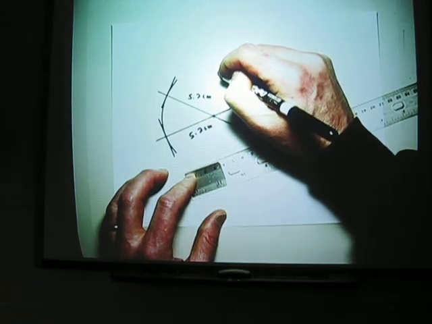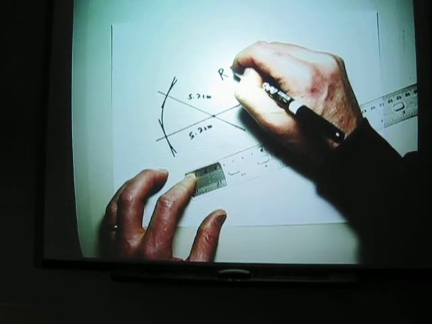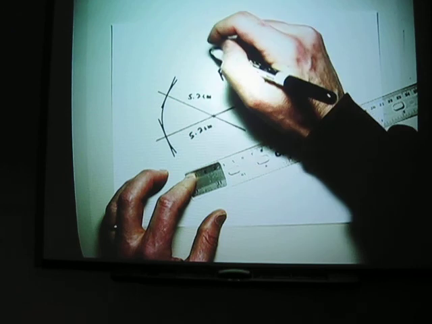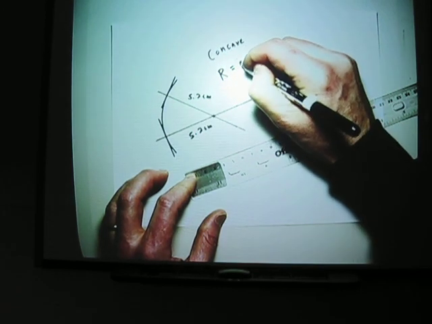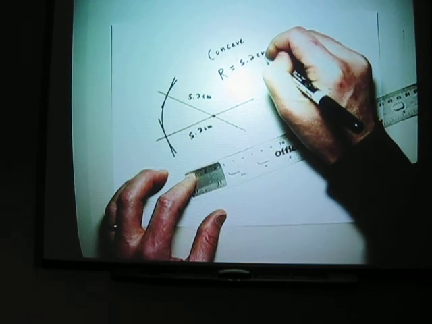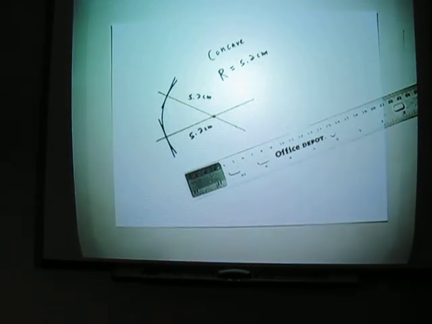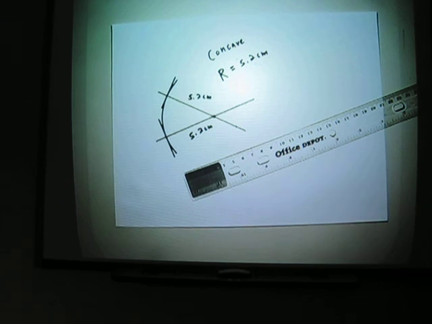So the radius of curvature, R, for the concave is 5.2 centimeters. And it turns out theoretically that the theoretical focal length is half the radius of curvature of the mirror. Okay, so, and again, that will allow you to fill in the data tables in your lab handout, and then you can compute the theoretical focal length.